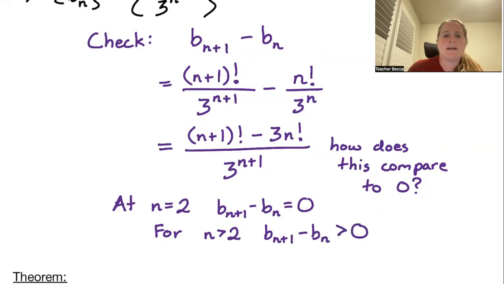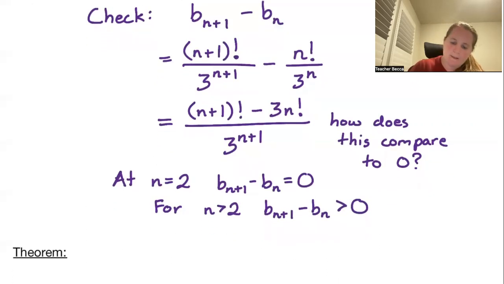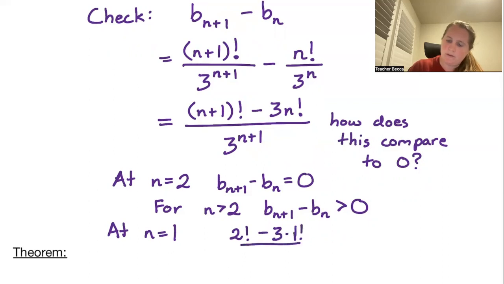But what happens at n equals 1? At n equals 1, we would have 2 factorial minus 3 times 1 factorial, all over 3 squared.